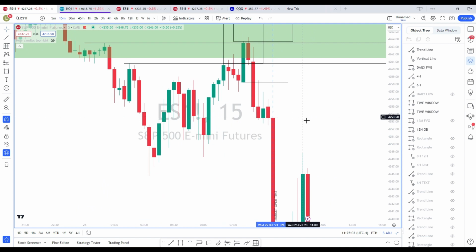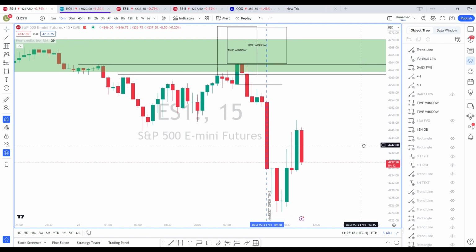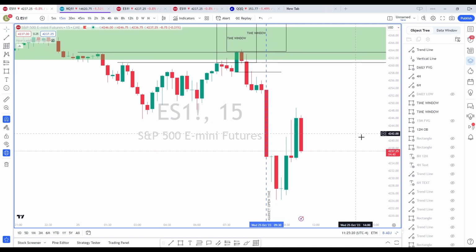Now, what I did wrong was I was targeting this, but right here was 915, and I was happy with my gains, so I locked the gains here. I could have held longer and made a big chunk, but it is what it is. Still learning, still a student of the market. But again, I hope it helps.